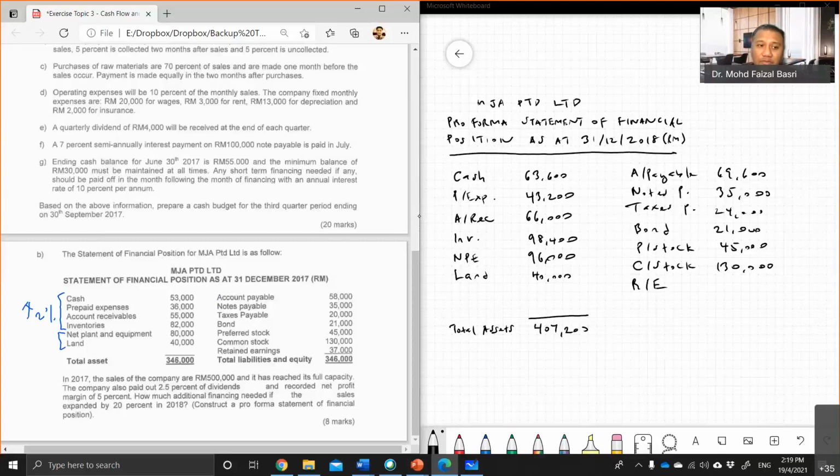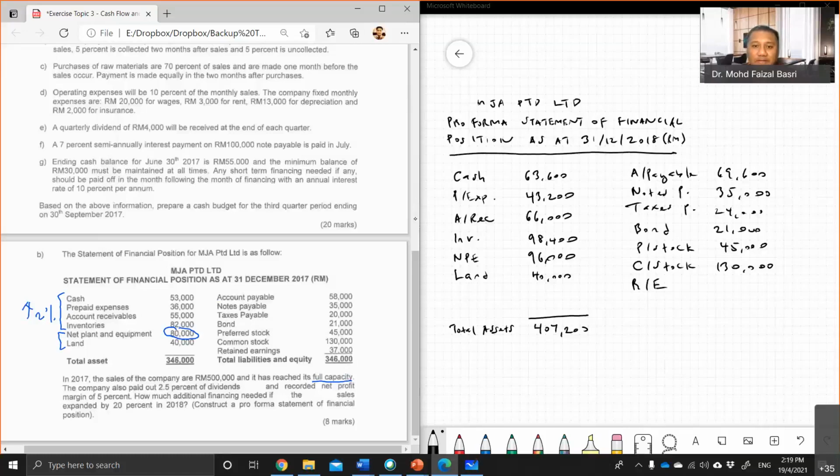So for the fixed assets, we are going to increase by 20% only if they reach full capacity or not. If it reaches full capacity like this question, we're going to increase this 80,000 by 20% as well.